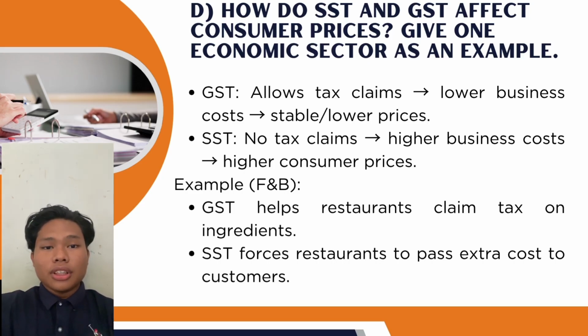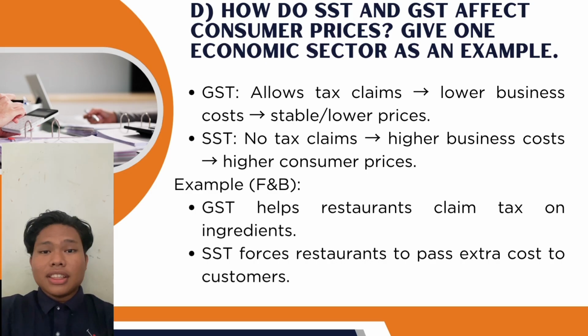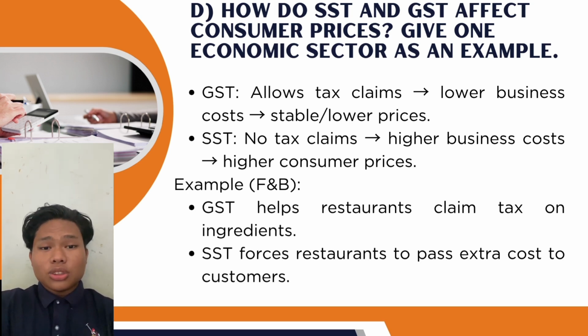It also allows businesses to absorb increased costs with reduced prices on products and services. However, SST does not allow claiming input taxes, which requires businesses to absorb tax on inputs and transfer these costs to consumers. This cascading effect of tax leads to higher prices.